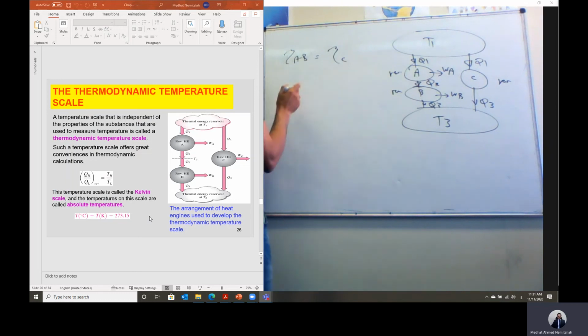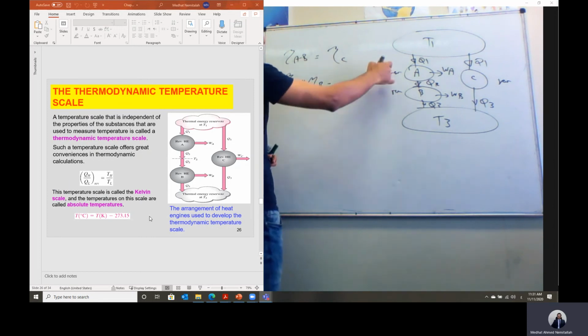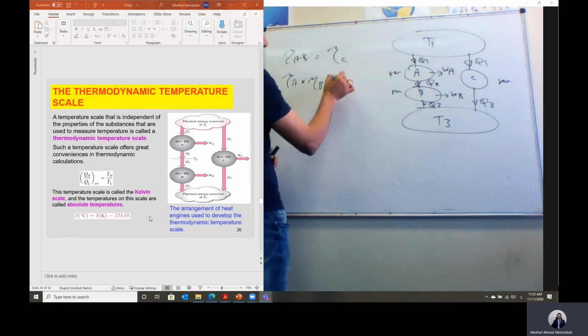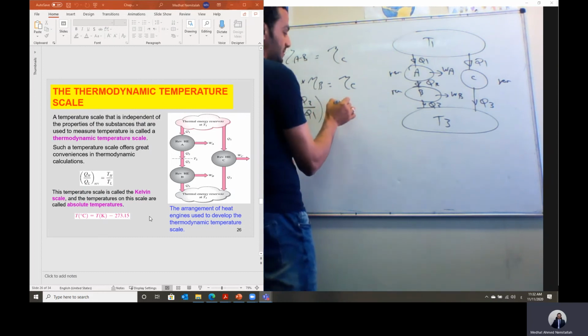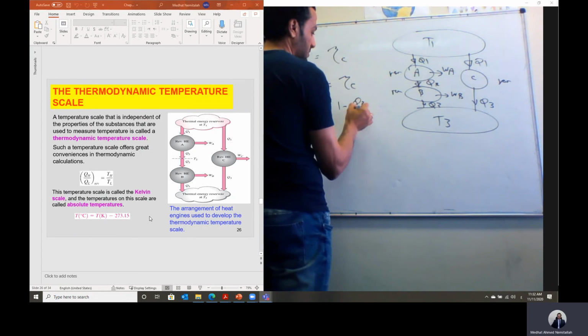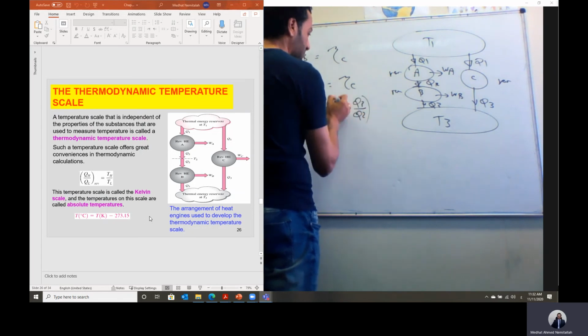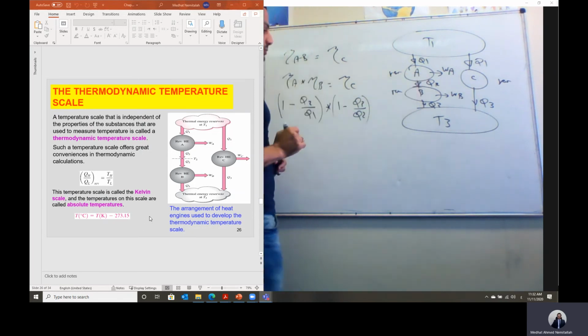The efficiency of A and B is equal to the efficiency of A multiplied by the efficiency of B. The combined efficiency of both of them is the multiplication. That should equal the efficiency of C. The efficiency of A, a heat engine, equals 1 minus Q low, which is Q2, divided by Q high, which is Q1, multiplied by the efficiency of B, 1 minus Q low, which is Q3, divided by Q high for B, which is Q2.